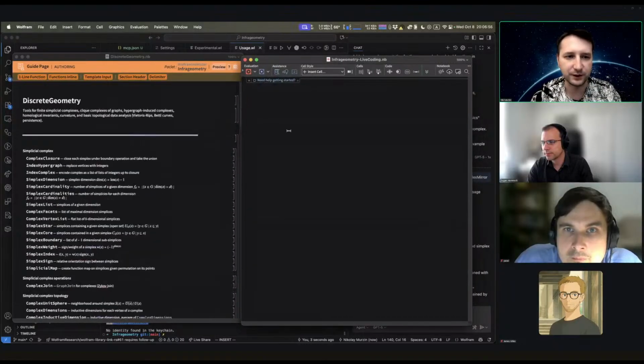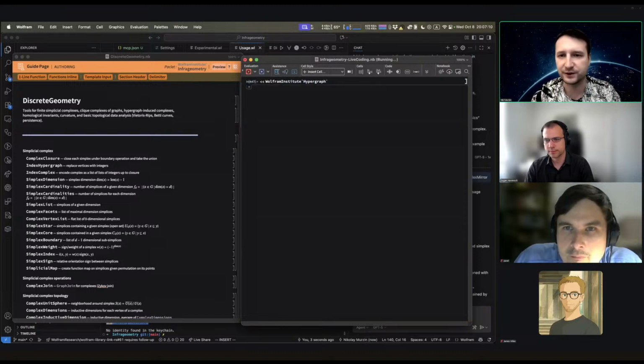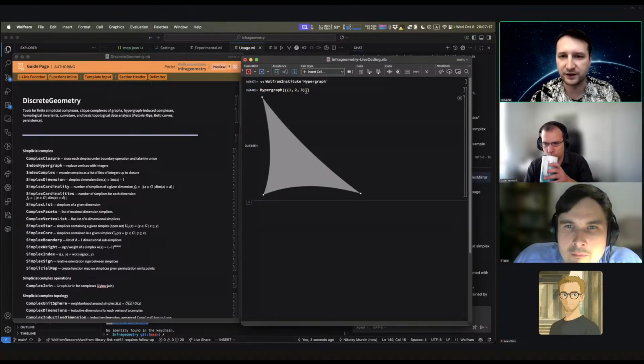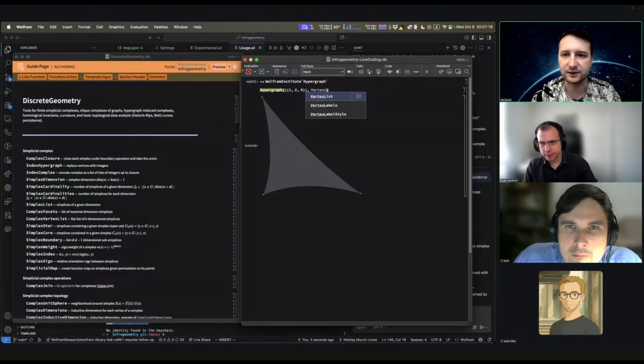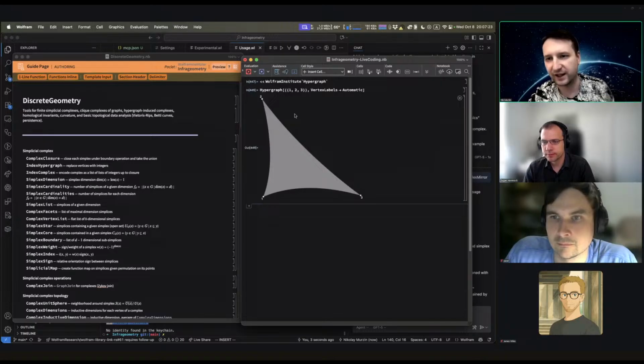So what should we start from? I think the basic idea is to have a complex. It's almost like a hypergraph. Maybe we should actually review what we already have in terms of hypergraphs, because it's supposed to be a representation of the most general kind of object like this, right? So this is supposed to represent a face, a triangle.